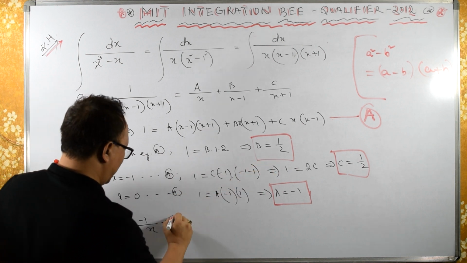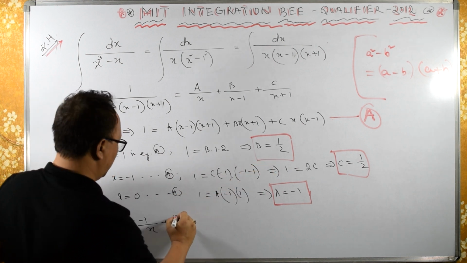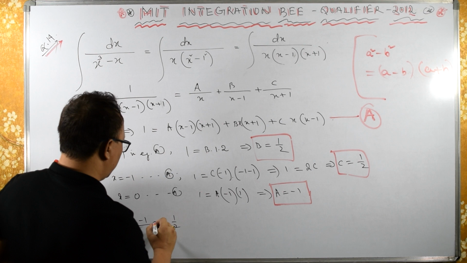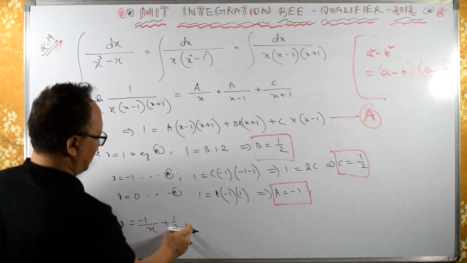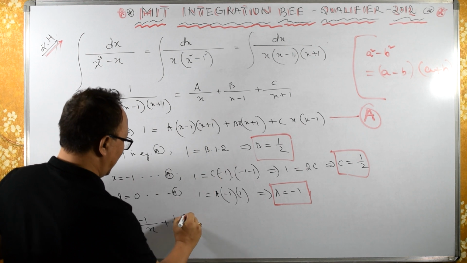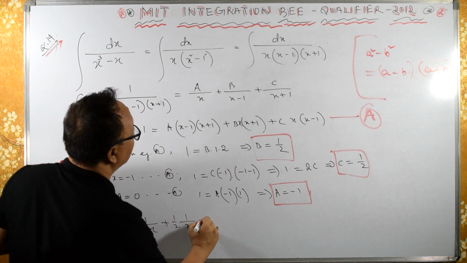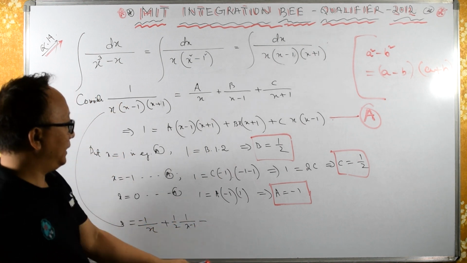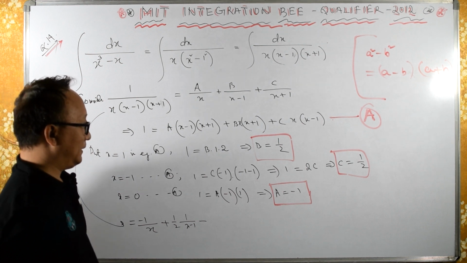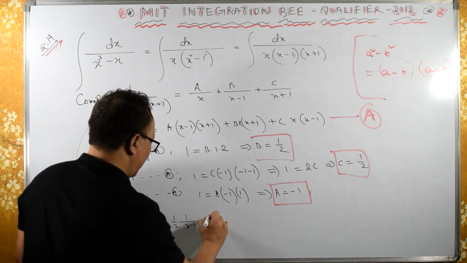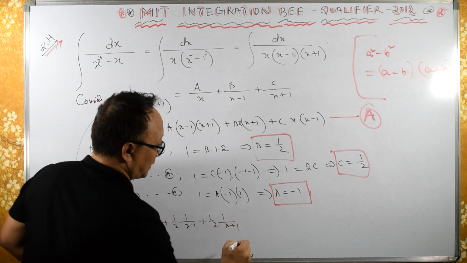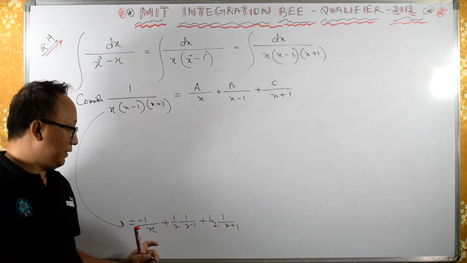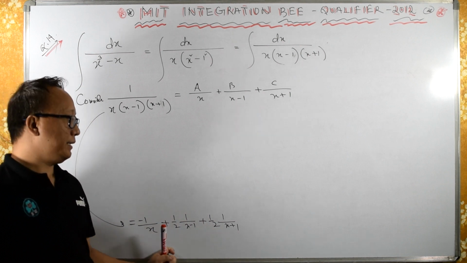B is half upon x minus 1. What is C? C is half, 1 upon x plus 1. So after substituting the values of A, B and C, I am getting this.